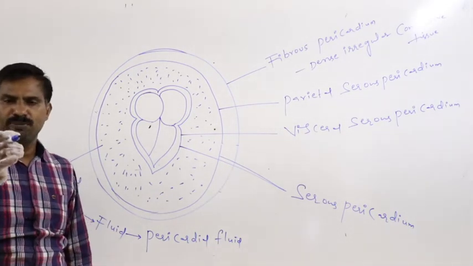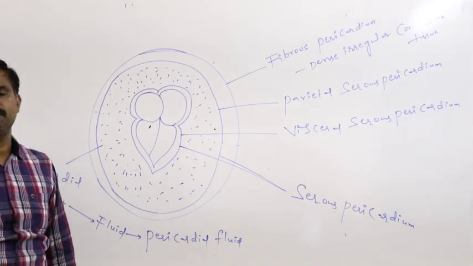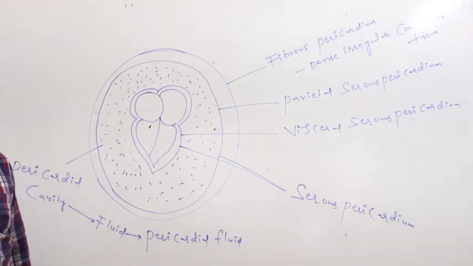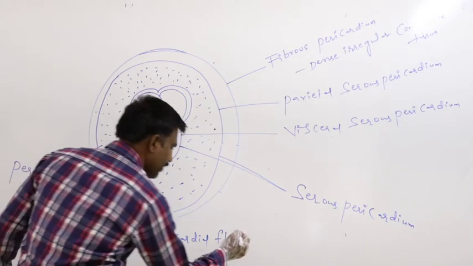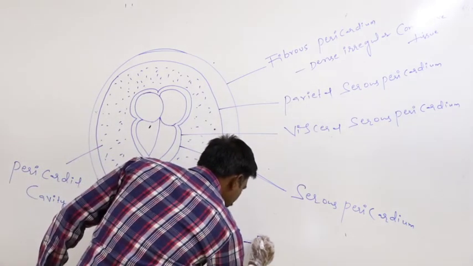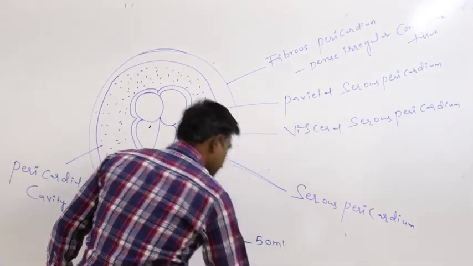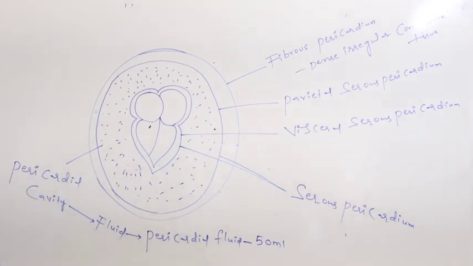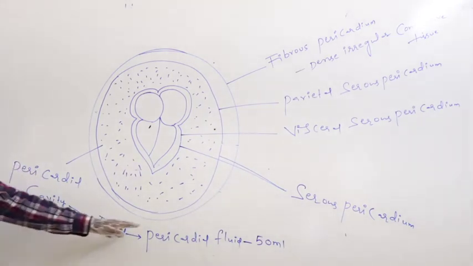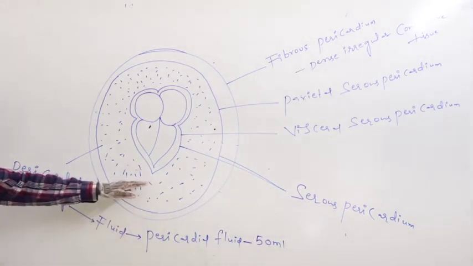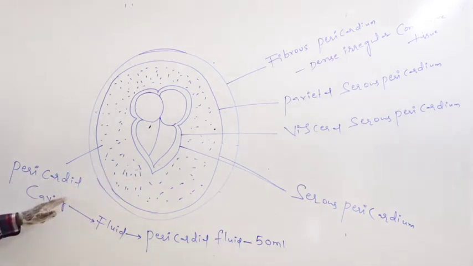How much volume of pericardial fluid is present in the pericardial space or cavity? Approximately 50 ml.